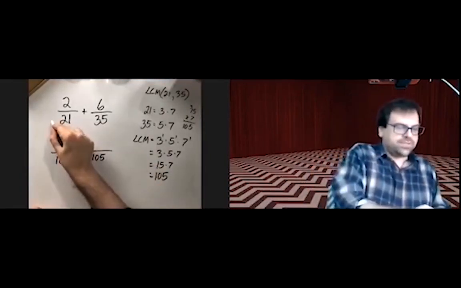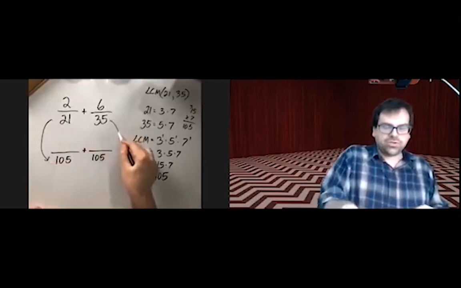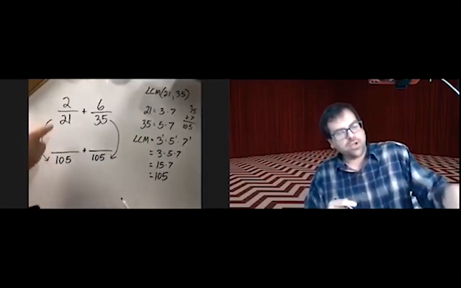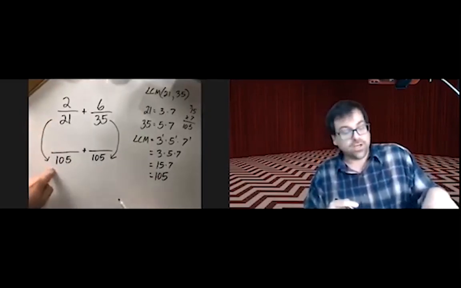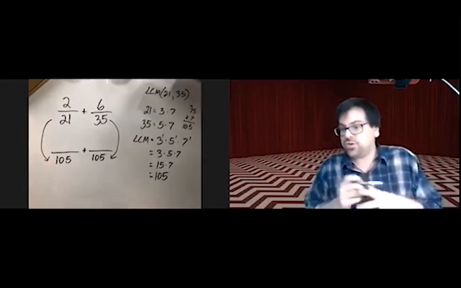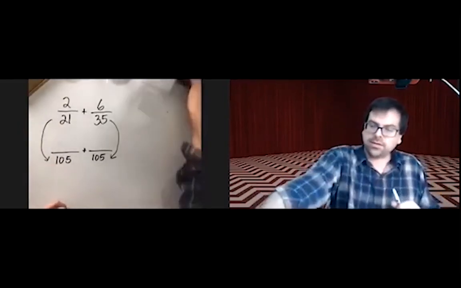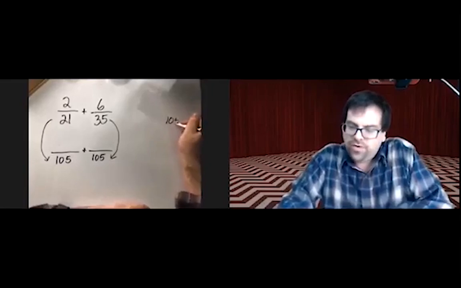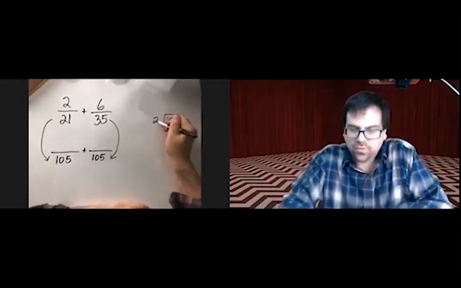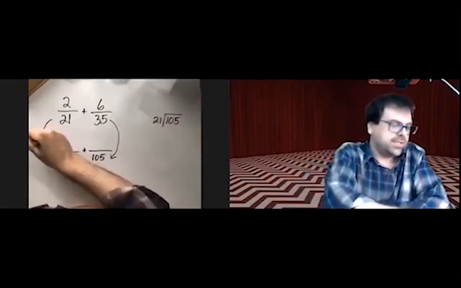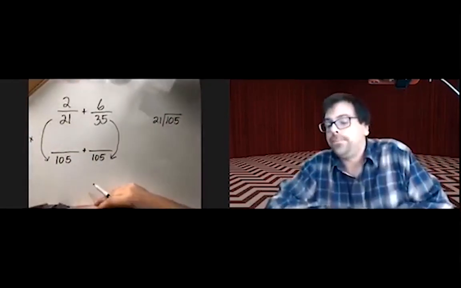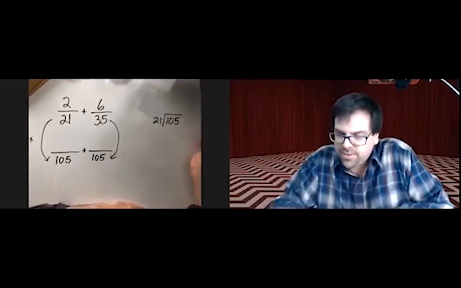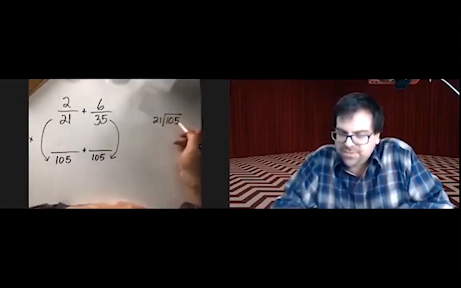So this number is big, but that doesn't mean that we change the process. We just need to know how to get from here to here. 21 times what is 105? Well, I don't expect you to know that offhand. That's why we know how to divide. 105 divided by 21 will give us the times what? 21 goes into 105 some number of times. 20 times 5 is 100.